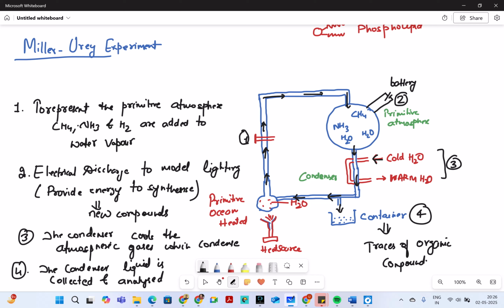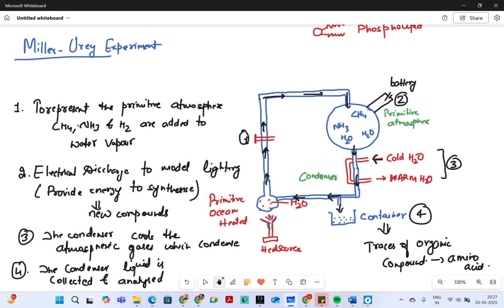It was a great experiment, and what they found was amino acids. So yes, something like this might realistically have happened, where the biological molecules were produced.